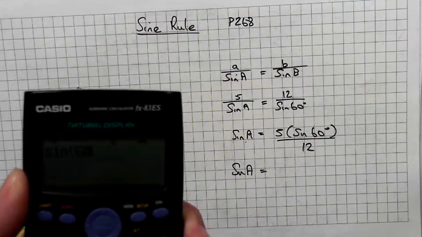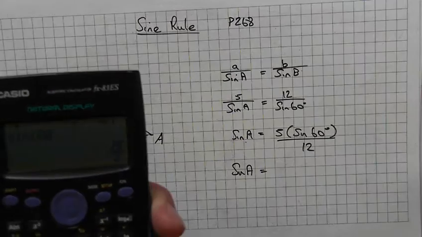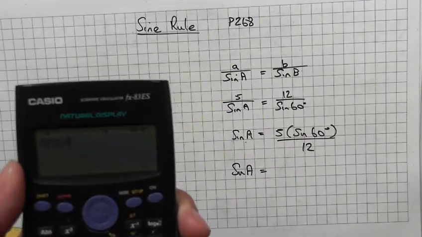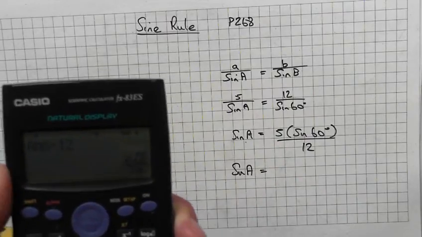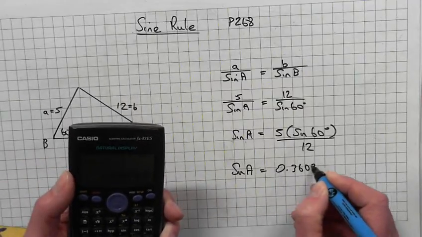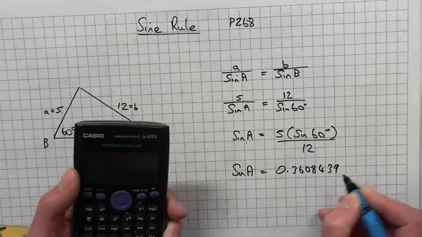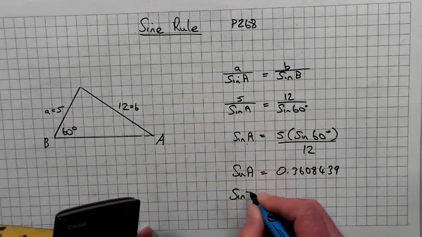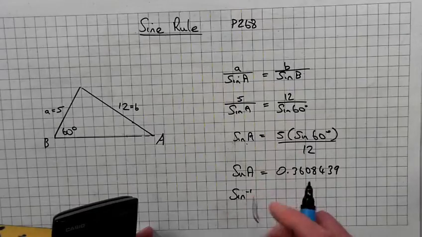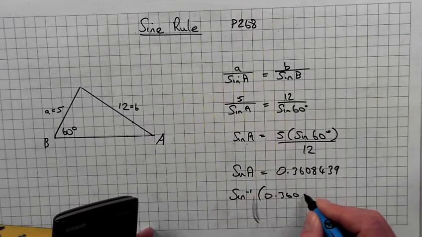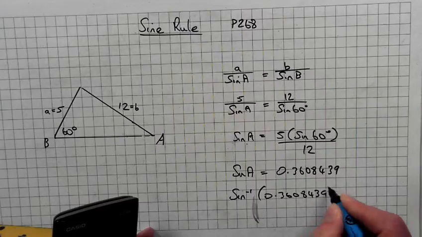So sine of 60 degrees is equal to root 3 over 2, and that's multiplied by 5, divided by 12, equals 0.3608439. Write as much of the decimal as you can. Now the sine inverse of 0.3608439.